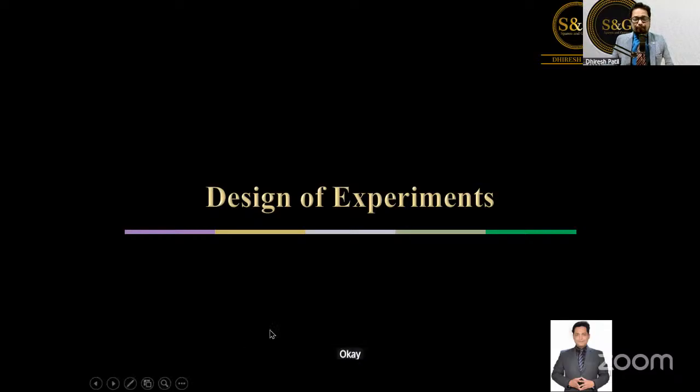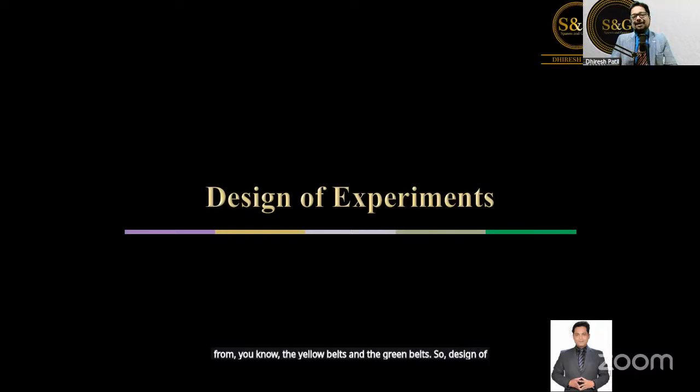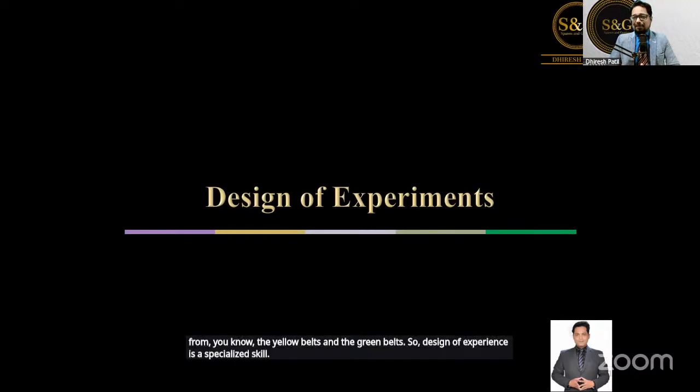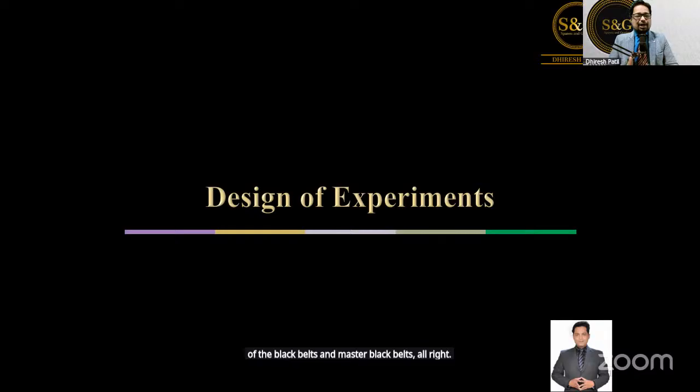This mastery of design of experiment separates us from the yellow belts and the green belts. So design of experiment is a specialized skill of the black belts and master black belts. All right. So what is design of experiments? First of all, let's try to understand what is experiment.